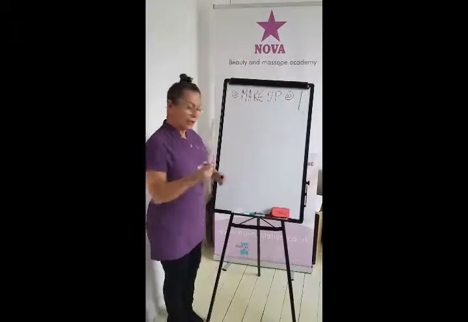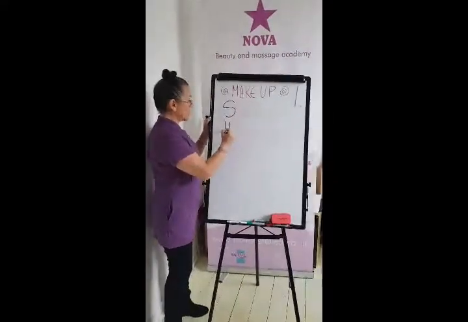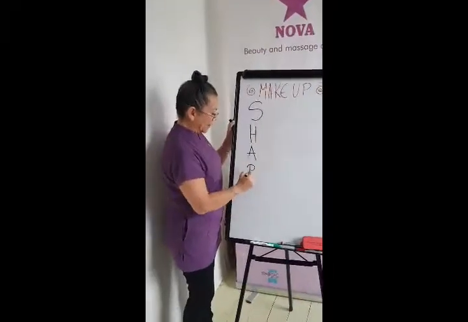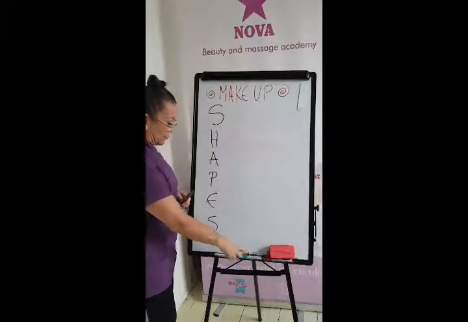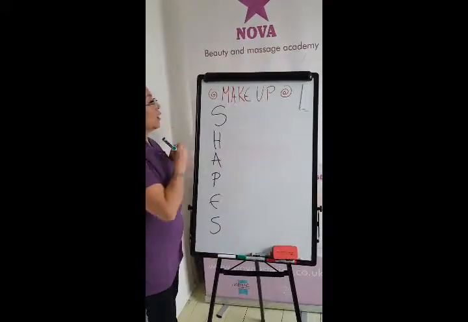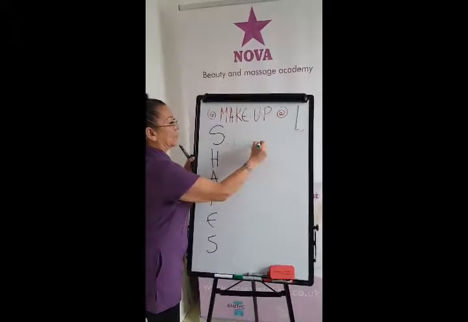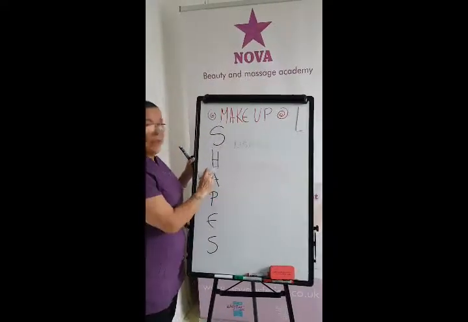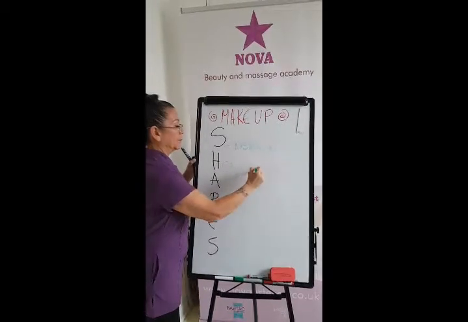To wrap up the functions of the skin, we use the word SHAPES that helps us remember those functions. For S, we have sensation. With H, we have heat regulation.